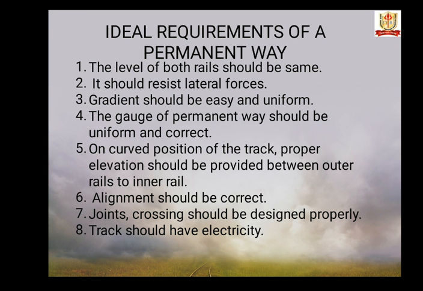On the curve position of the track, proper elevation should be provided between outer rail and inner rail. It means the super elevation on curve should be properly designed. Alignment should be correct. Joints and crossings should be properly designed and maintained. Track should have elasticity.